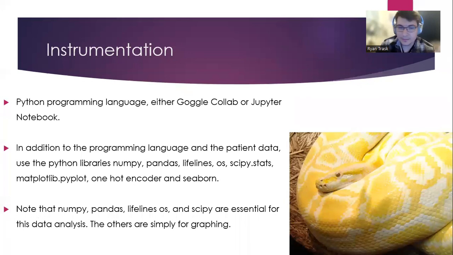Now, the slide I just skipped through basically explains that I'm using the computer language Python. You can use either Google Colab or Jupyter Notebook. I use both for this project. And I used some very common libraries I noted.